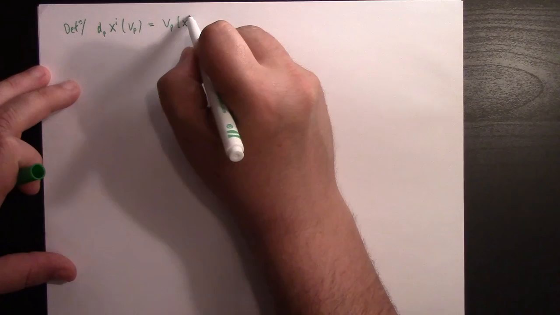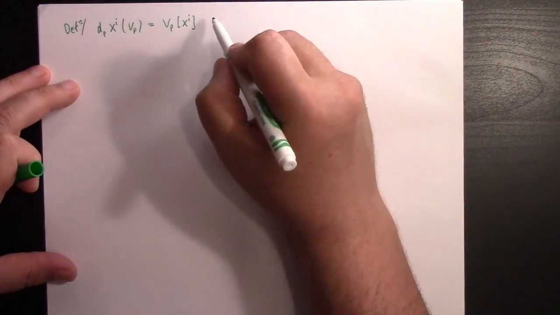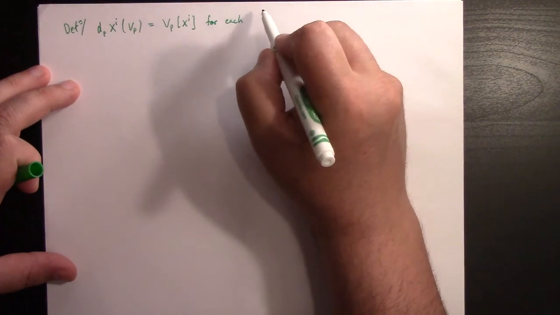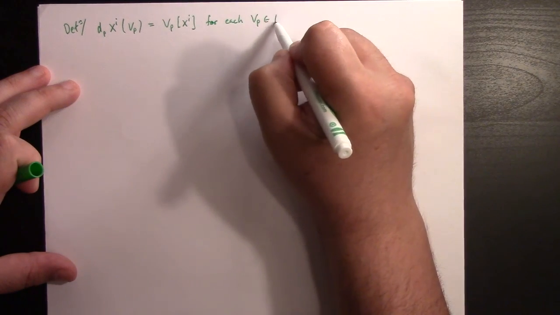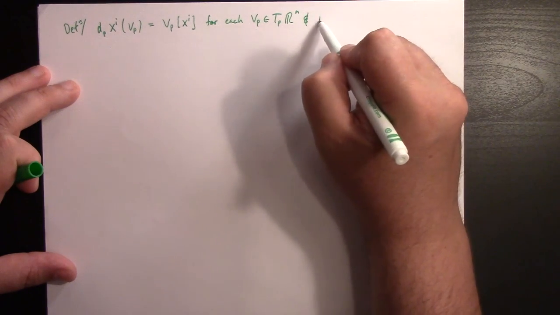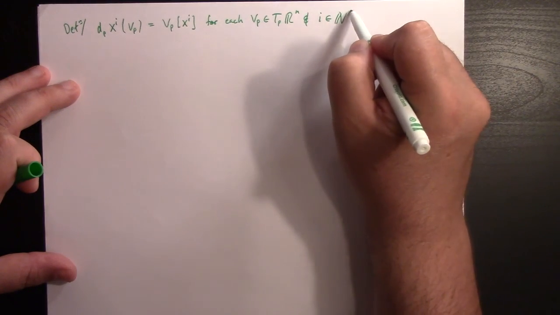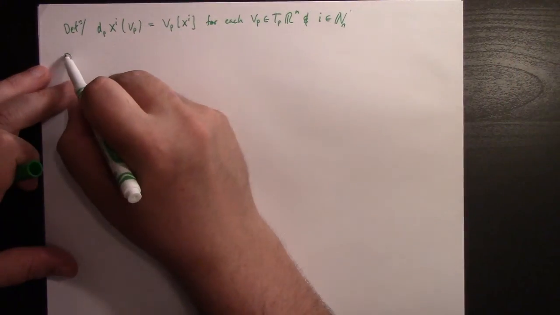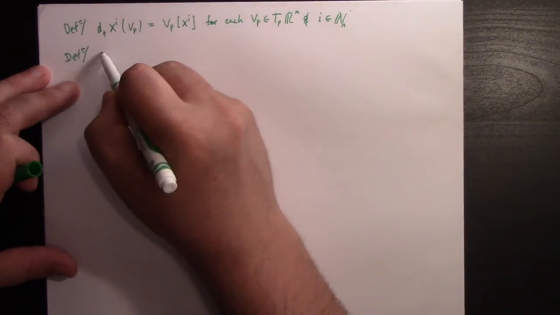Actually, that's a special case of a more general definition. This is for each vp in the tangent space to p of Rn and i in 1 through n. Okay, we'll make the general definition shortly. Let me just get it over with.